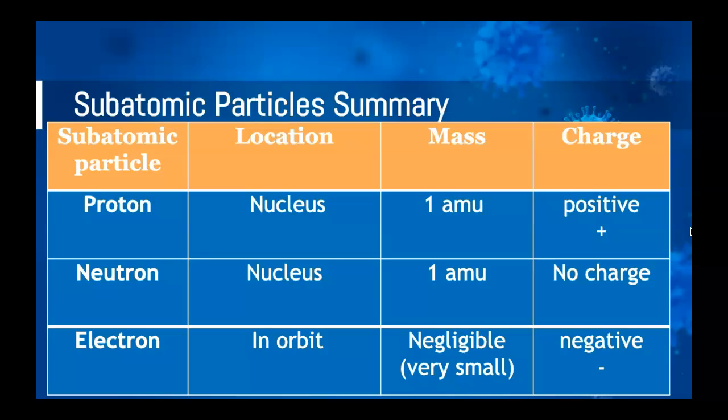They have a negative charge. Now, if you were to take around 1,800 electrons, you would have the mass of about 1 proton. So that's why we don't really care about the mass of an electron, because we just need so many electrons to equal the mass of a proton that they're basically nothing. It'd be like weighing yourself and then cutting off your hair and weighing it again. It really wouldn't make a difference. You wouldn't even notice it.